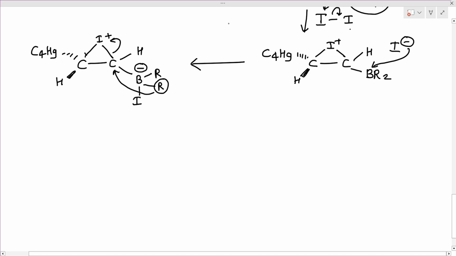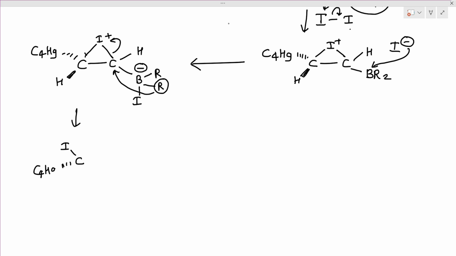Alright, so we are getting C4H9, C with I, this is hydrogen, C, this is hydrogen, this is B, and now I am writing here C6H11. This R group is C6H11.